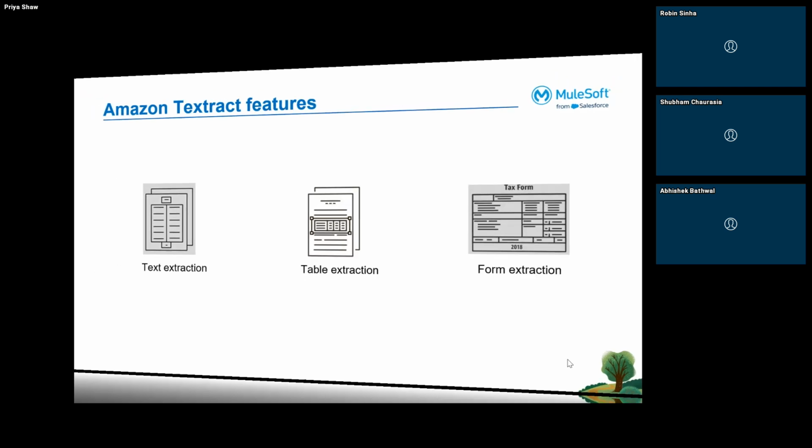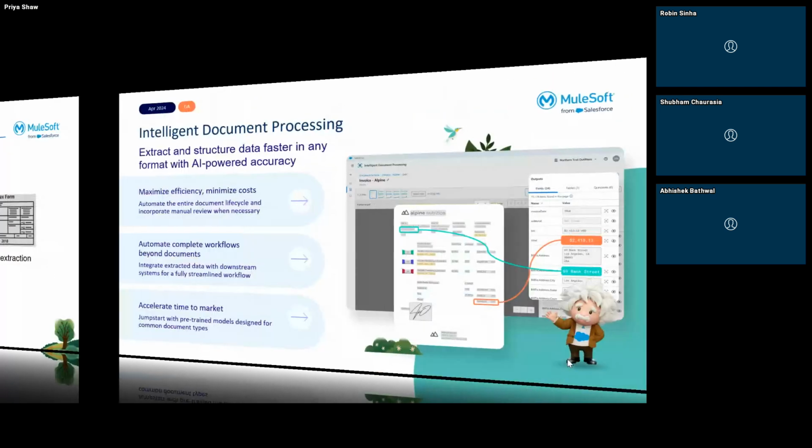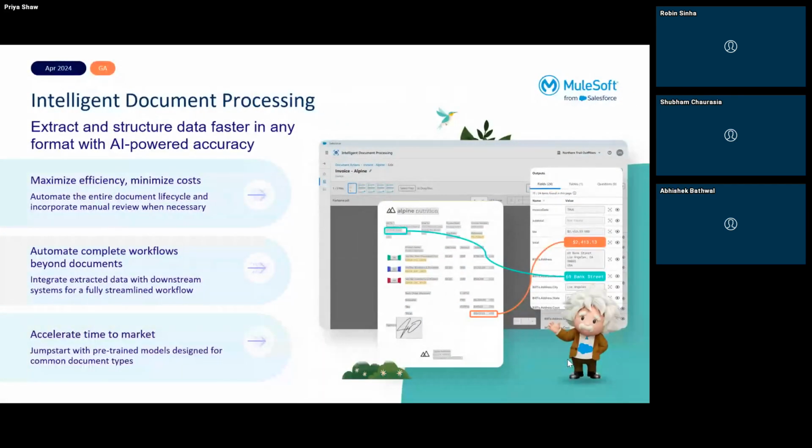Okay, so as Shubham also explained in the beginning, MuleSoft has also introduced IDP for MuleSoft, which is useful for extracting data in a faster and efficient way with AI powered accuracy. Okay, so this went live on 29th of April this year only.